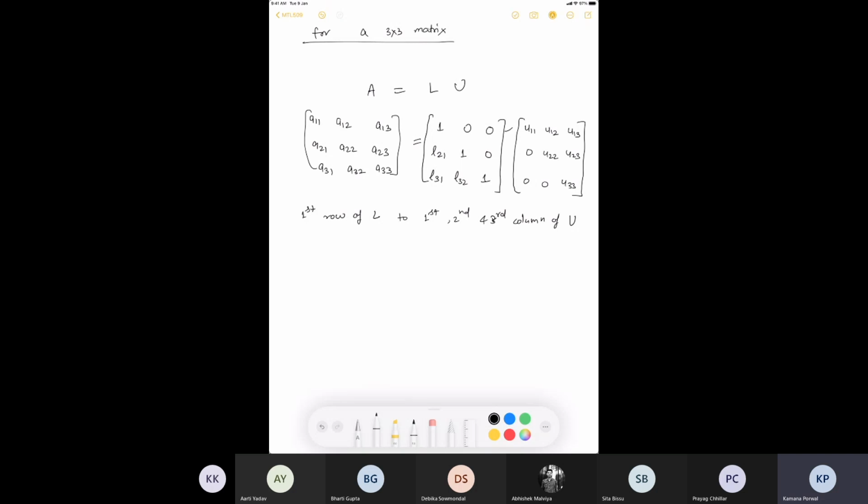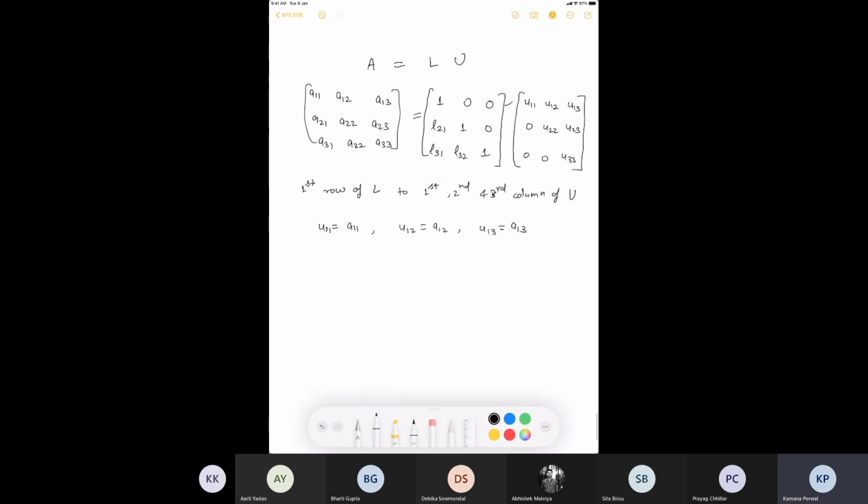So I get U11 as A11, U12 as A12, and U13 as A13. So the first row of U is determined now.